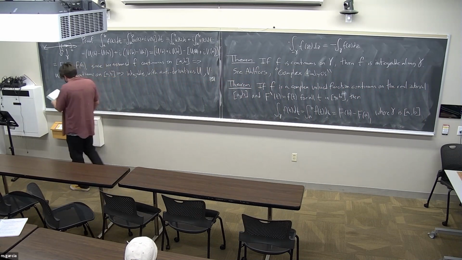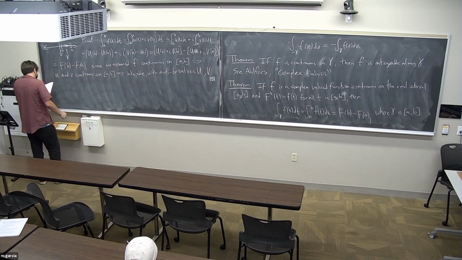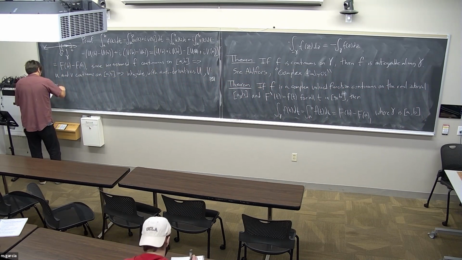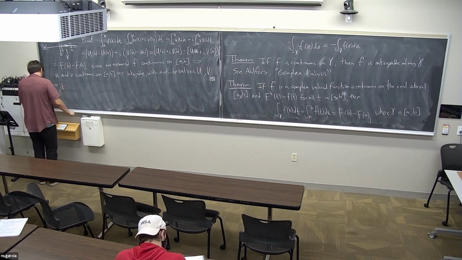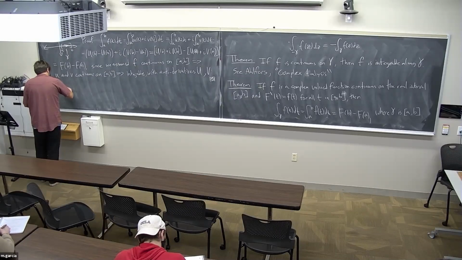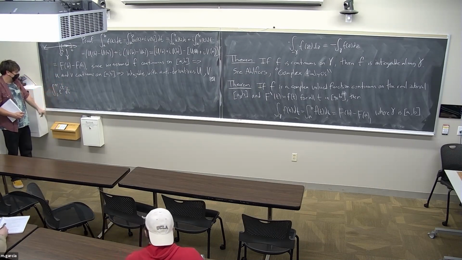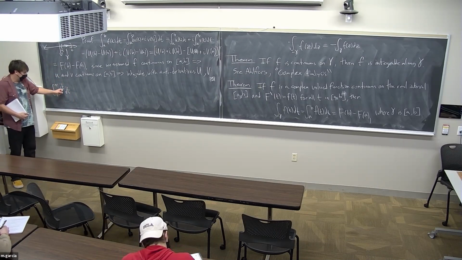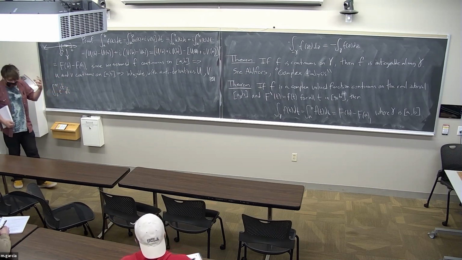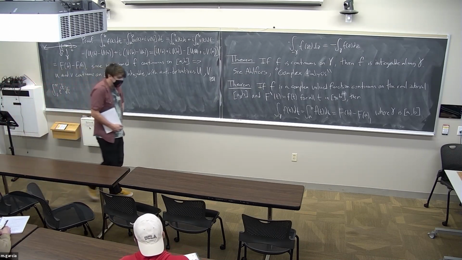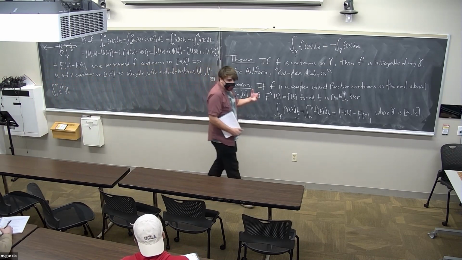Okay, so really quickly, let me ask you to compute the integral from 0 to pi of e to the i t dt. I have some complex function that I'm integrating on a real interval, so I'm just looking at this real variable. And furthermore, I know that e to the it is continuous everywhere.